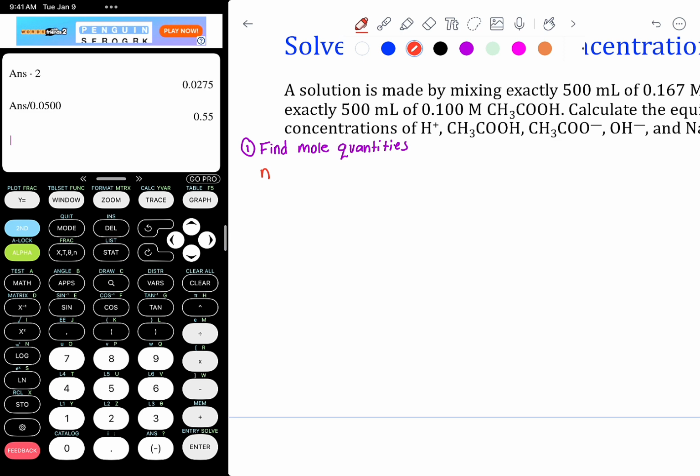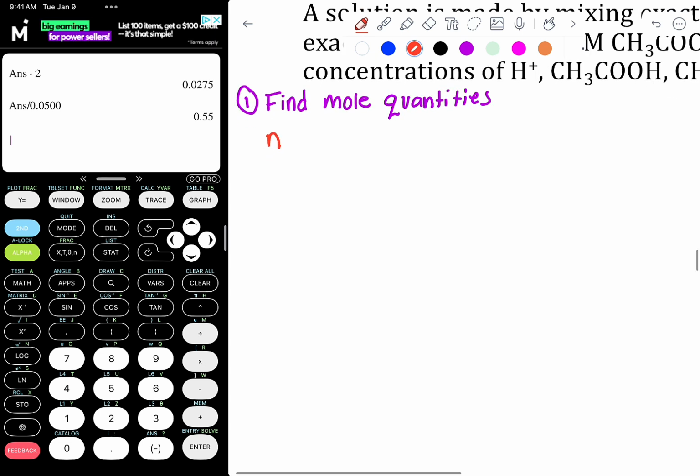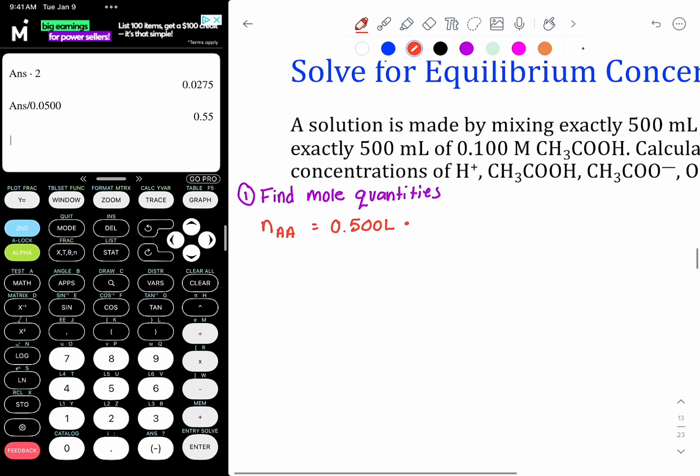We always use n, so moles is n. So moles of acetic acid, I'm just going to show as AA. We're going to take our volume, which is 500 milliliters or 0.500 liters, half a liter, and we're going to multiply that by its concentration, which was 0.1.